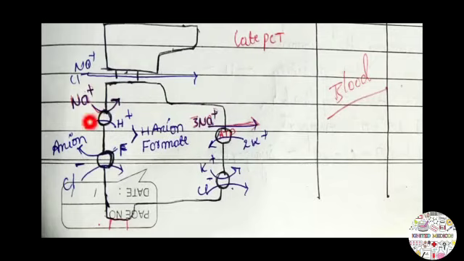Here there is the sodium hydrogen antiport system, and the additional one is the formate chloride antiport system. There is so much chloride present in the filtrate which has to be reabsorbed into the blood, and it is achieved by this formate chloride antiport system, and sodium is also absorbed via the sodium hydrogen antiport system.